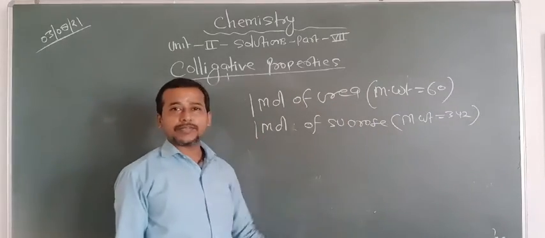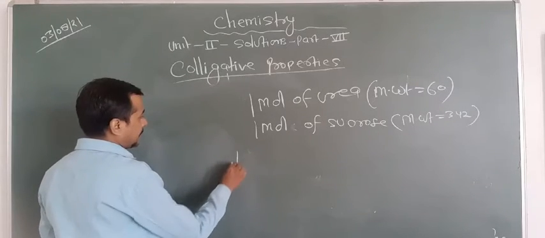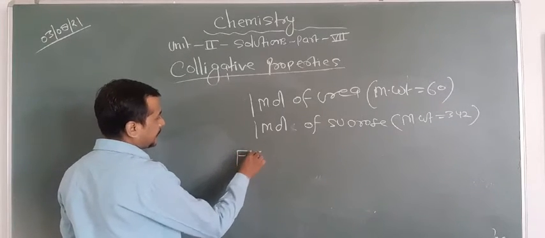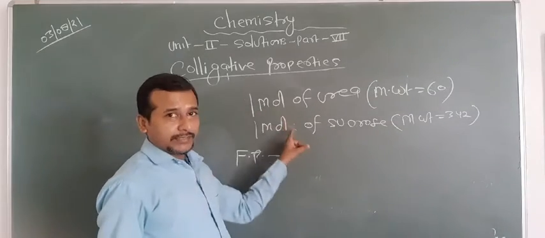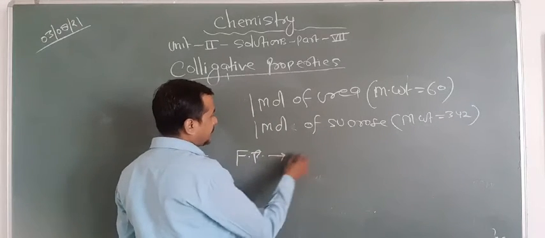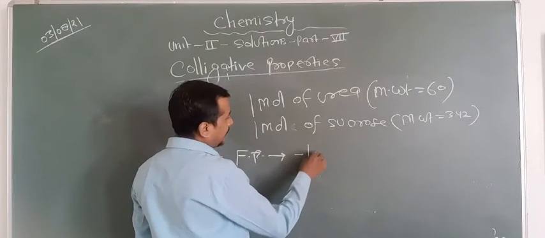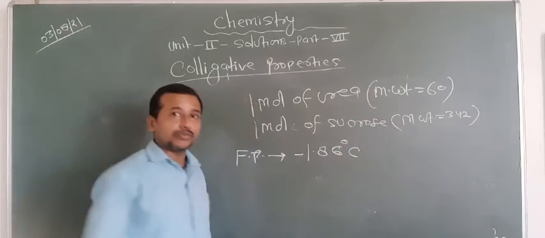They have different molar weights, they have different natures, but the amounts are the same. So that's why the freezing point, when they dissolve in 1 kg of solvent, that means an aqueous solution of these, what happens? The freezing point is minus 1.86 degrees centigrade for both.